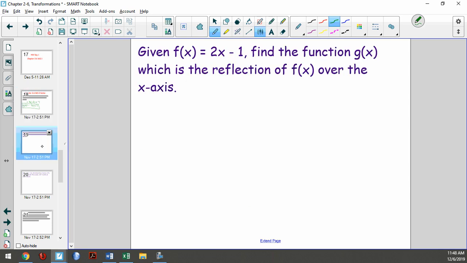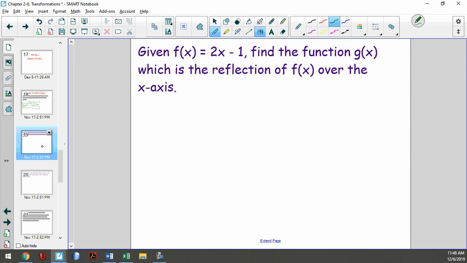Okay. Next example. Given f of x equals 2x minus 1, I want you to find g of x, which is the reflection of f of x over the x-axis. So here I go. Do we see our valley? When I reflect over the x-axis, what does it turn into? A mountain. Yes? Do we see that?